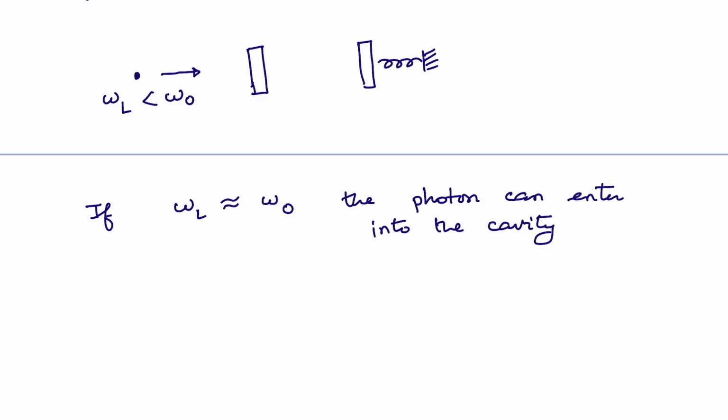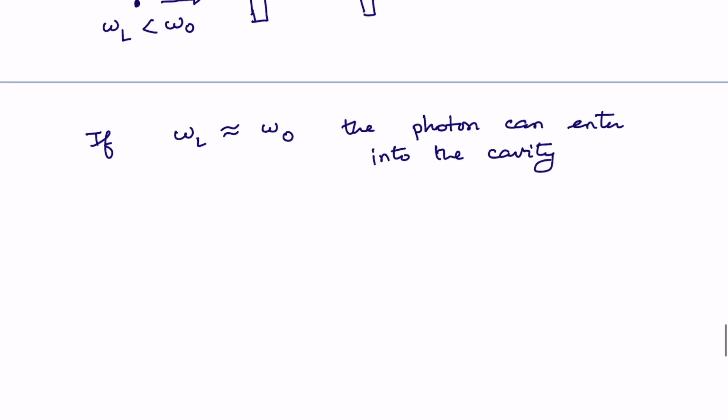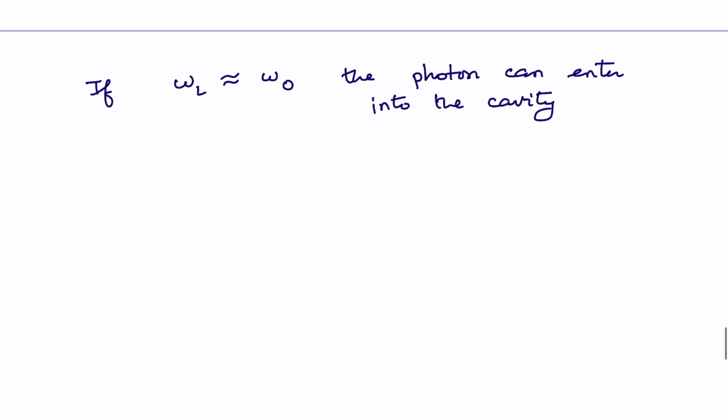The laser photon does it by extracting some amount of energy from the mechanical oscillator, or the phonon, and then it can enter into the cavity. So if it extracts this deficit energy from the phonon, the mechanical oscillator gets cooled in the process, and this process is called the anti-Stokes process.